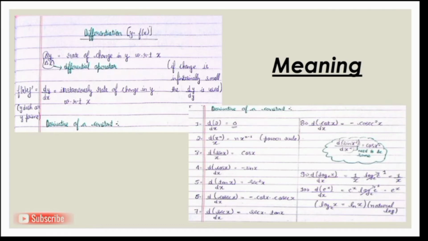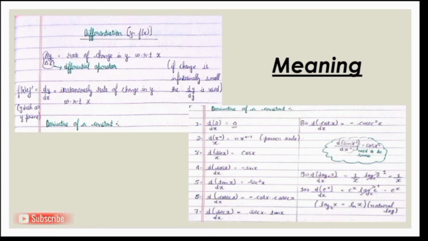Now just see one important concept behind it. Consider d sin x square upon dx square. Note that the sin x square and x square in the numerator and denominator need to be the same, otherwise it will not be defined.